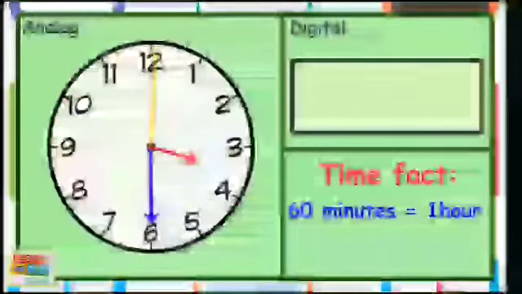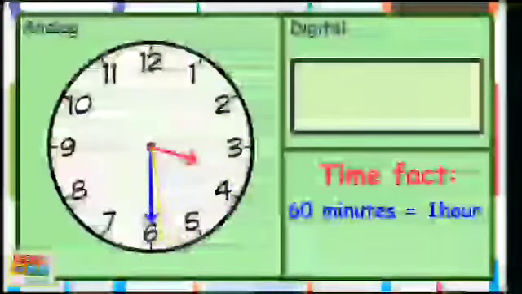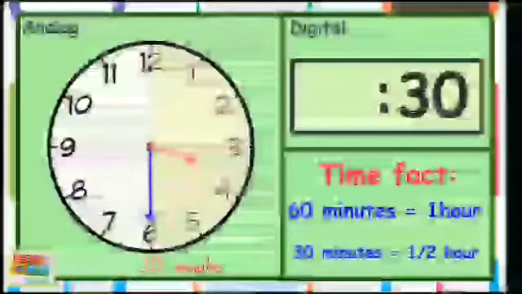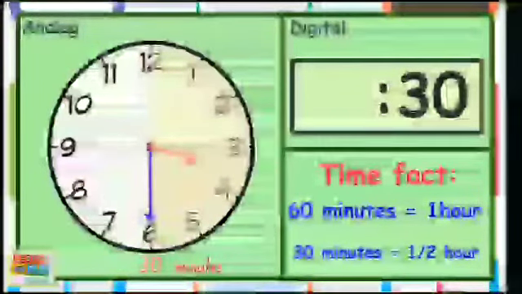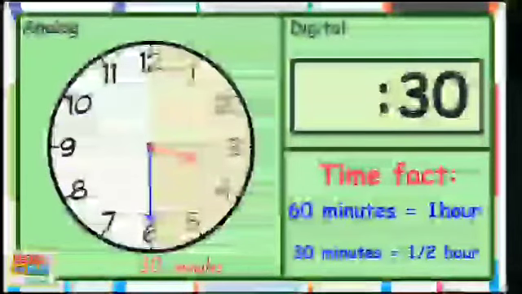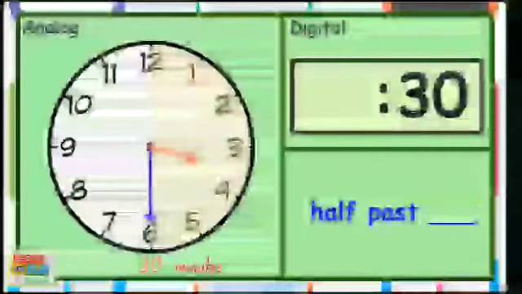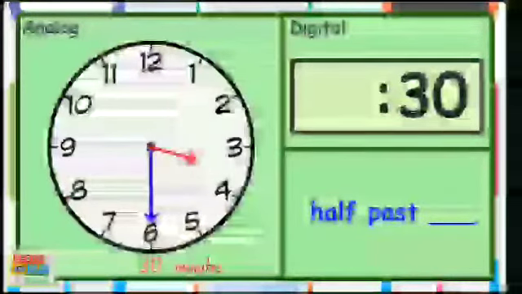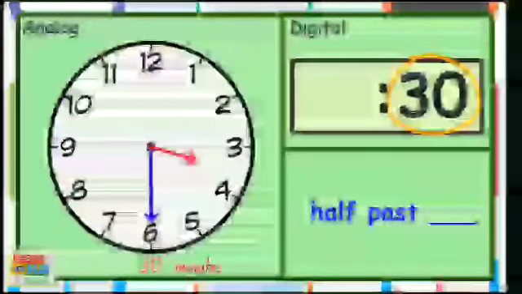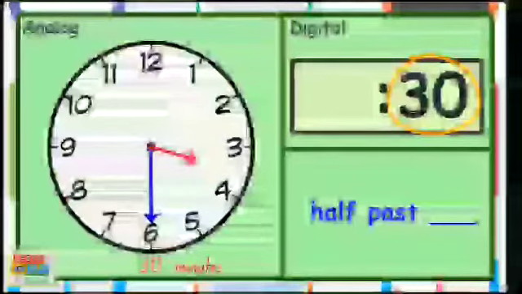So that means that half a rotation is equal to 30 minutes because half of 60 minutes is 30 minutes. That's also why when the minute hand is pointing to the 6, we say it is half past something because the minute hand only went halfway around the clock. That is also why on the digital clock it says 30, because it indicates 30 minutes has passed the hour.